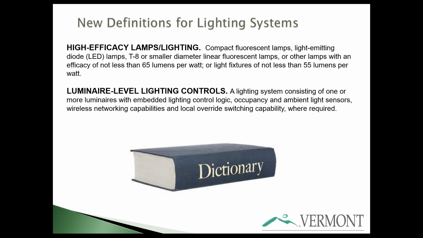Now it's been tightened on what qualifies. So now it's 65 lumens per watt, and that's across all sizes. Or if you have an integrated light fixture, that integrated fixture should be not less than 55 lumens per watt.